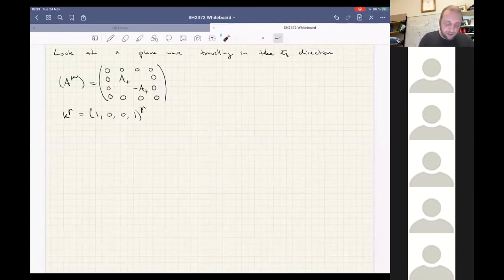At the same time, the metric is symmetric. So whatever's here in this position must be the same as is in this position. I'm going to call that A cross. So in this amplitude, I have 2 degrees of freedom: the degree of freedom A plus, and the degree of freedom which I call A cross. This corresponds to when I look at electromagnetic waves, where I have 2 different polarizations, both perpendicular to the direction of motion.